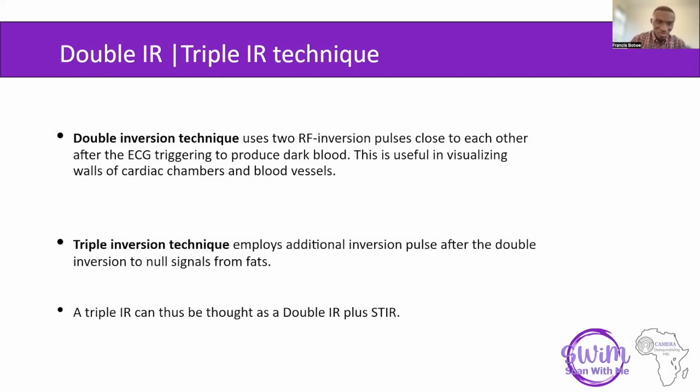So in the double inversion technique, we apply 2 RF inversion pulses just to nullify the signal that's coming out from blood. And when we use the triple inversion technique, it means that we are going to suppress two tissue characteristics, like fat and blood.